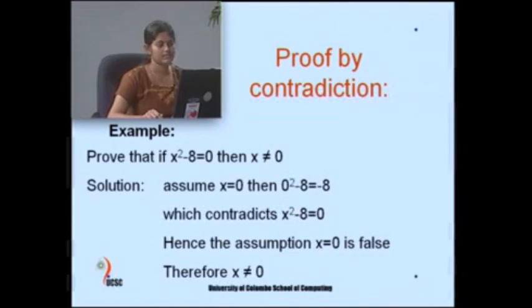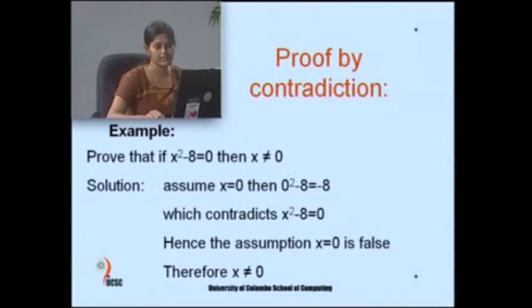Here we will see an example, that is, we are going to prove x not equal to 0 if x squared minus 8 is equal to 0. So, here we are going to prove x not equal to 0. So, it is the proof by contradiction, that is why we are going to assume x is equal to 0. Then we can substitute this 0 in the equation x squared minus 8 is equal to 0.